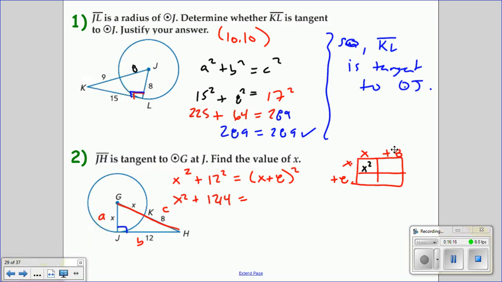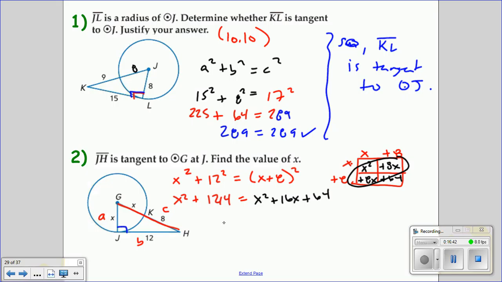X times positive 8 is positive 8x, and the same thing would be here. And positive 8 times positive 8 is a positive 64. So that would be x squared plus, combining like terms here, 16x plus 64.